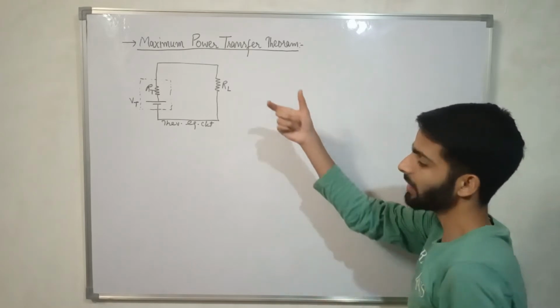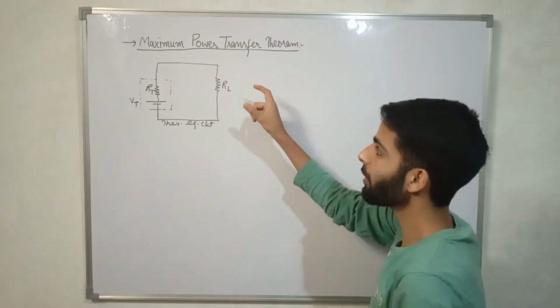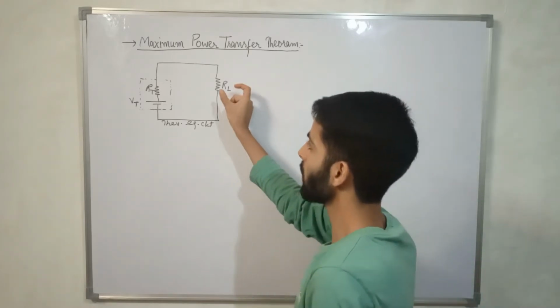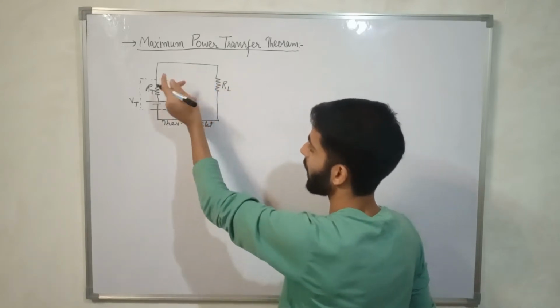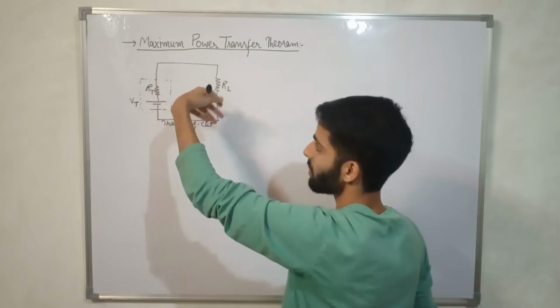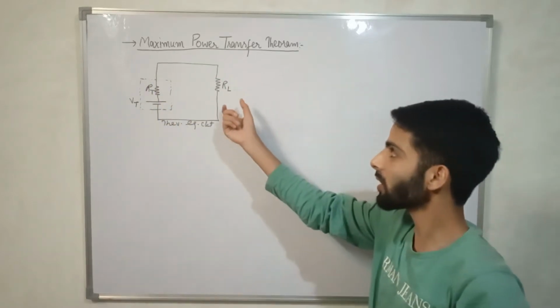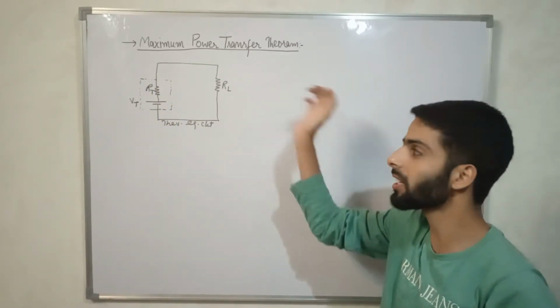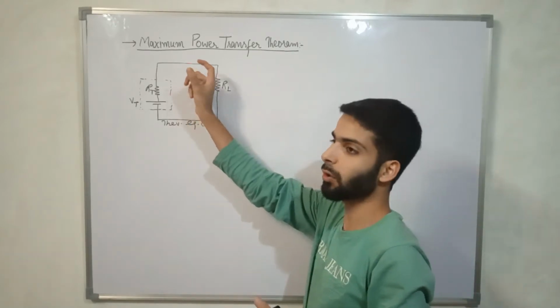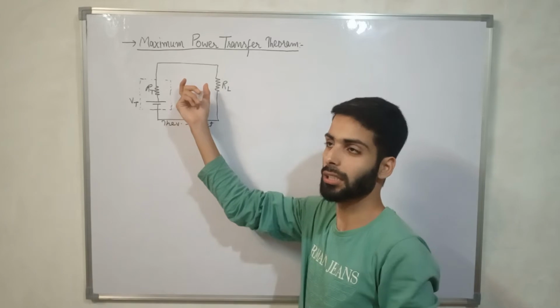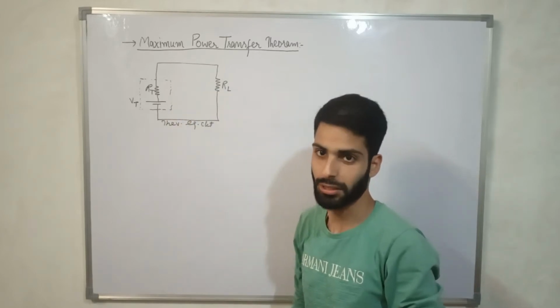If we see in the context of this, if we short circuit the load, what will happen? A current will flow through this loop without the resistance of the load present.